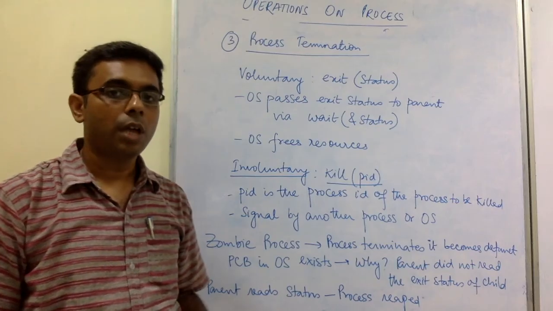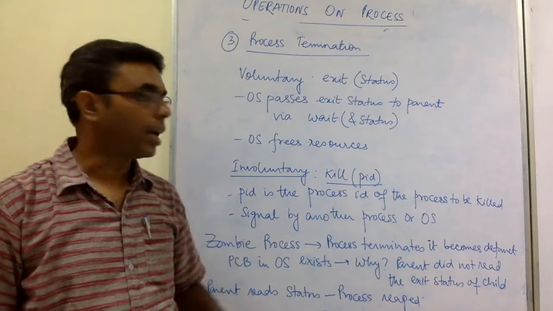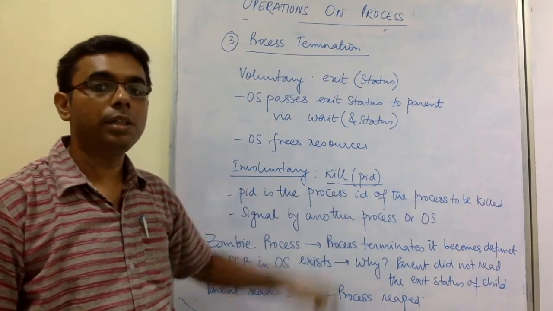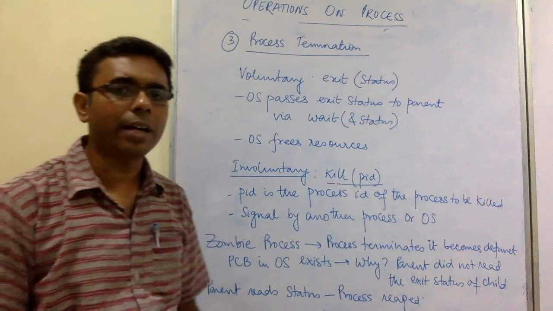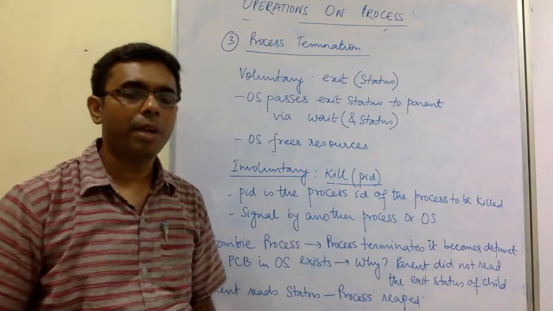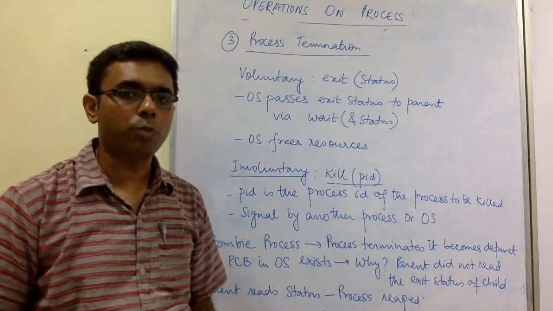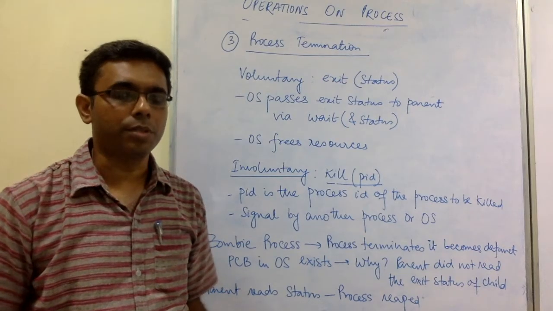The PID of the process that needs to be killed has to be passed as a parameter to the kill system call. You may have often seen that your processes hang up, and then you have to click on the force quit or the close button. That's nothing but you are killing a process.